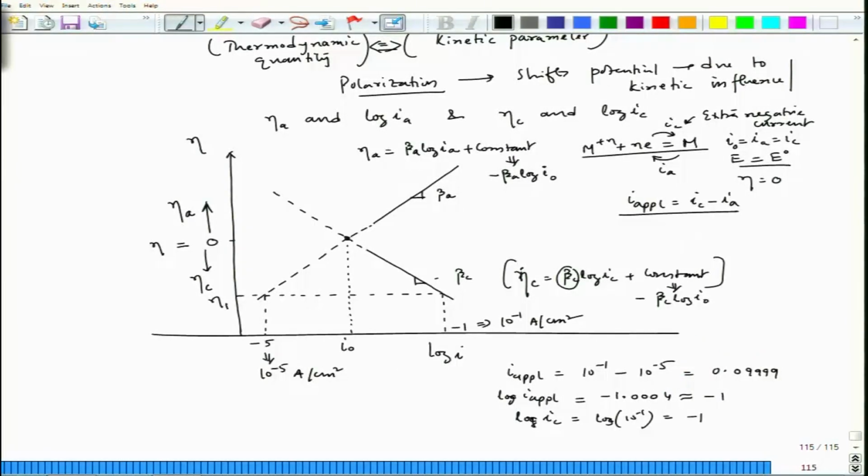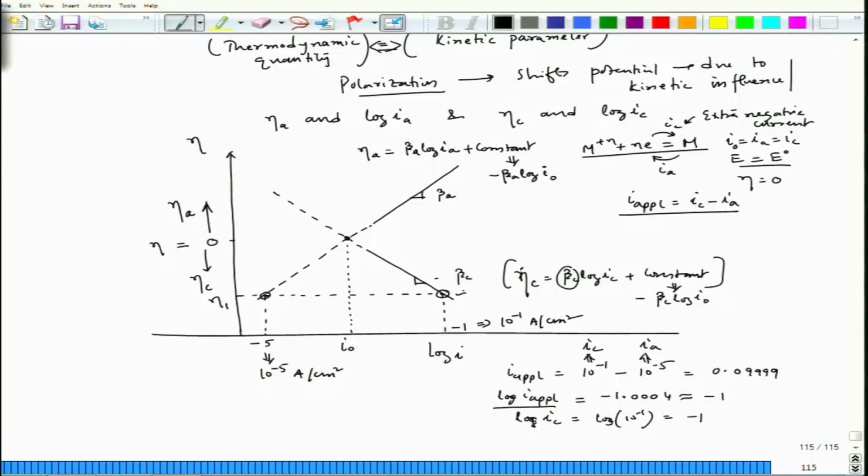So, that means if I plot log I applied, this would also lie on the same point as I C. Remember this corresponds to I A and this corresponds to I C, because this particular point, corresponding to a current of 10 to the power minus 5 ampere per centimeter square, is lying on the anodic Tafel plot, and this particular point is lying on the cathodic Tafel plot.